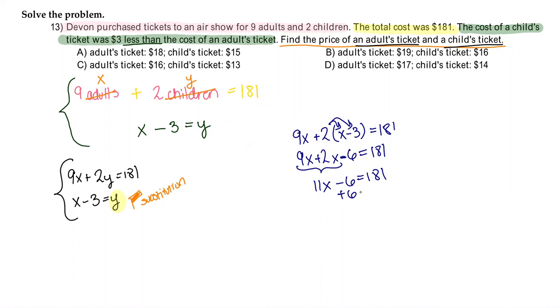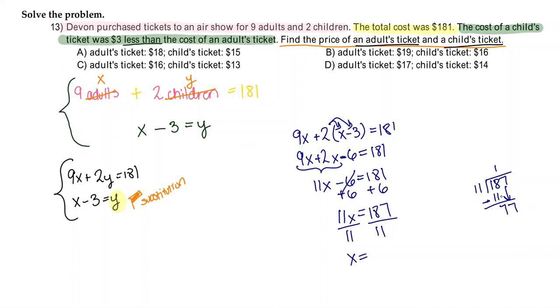Now I'm going to add 6 to both sides. And that's going to give me 11x equals 187. And now 11x divided by 11, and then 187 divided by 11 is going to give me x equals, let's go ahead and do that over here on the side. 187 divided by 11 is 1, bring down the 7.